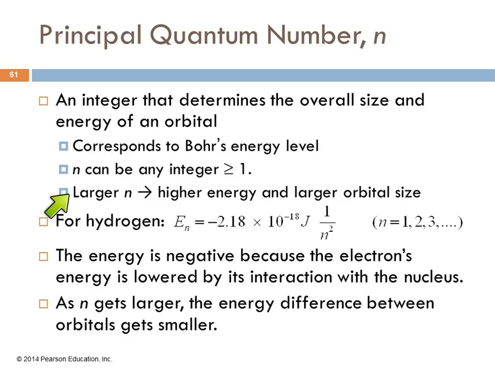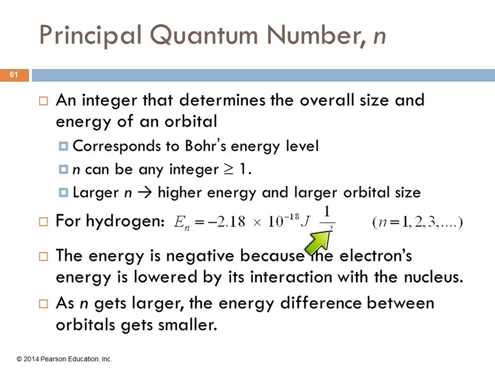The higher the n, the higher the energy, the larger the orbital size. For hydrogen, this equation is true: the energy for the energy level specified by principal quantum number n is minus 2.18 times 10 to the minus 18th joules times 1 over n squared.